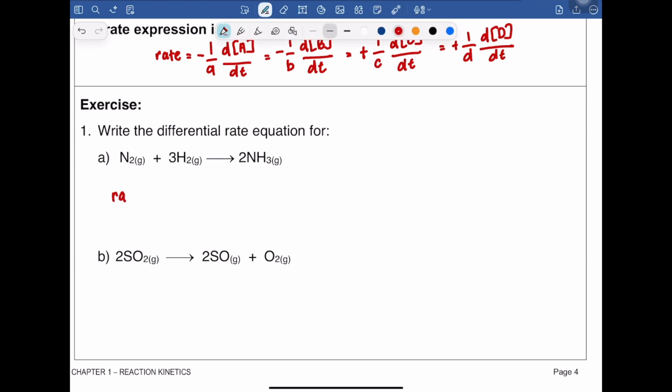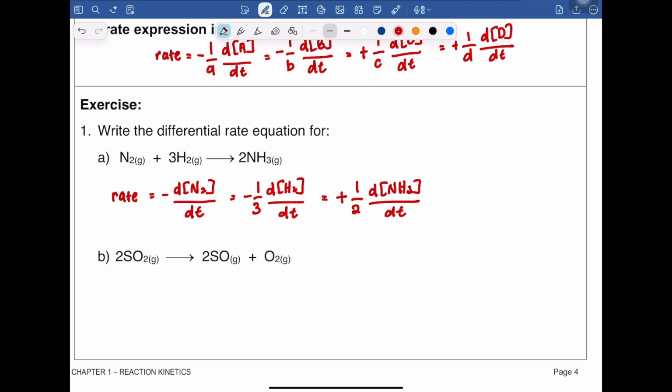It will be like this: rate equals negative d[N2] over dt. We are not going to write 1 over 1, it is weird. This one is negative 1 over 3 d[H2] over dt, which is equivalent to, now ammonia is your product, so you need to put the plus sign, 1 over 2 d[NH3] over dt.